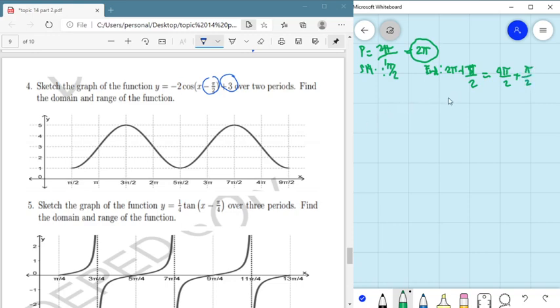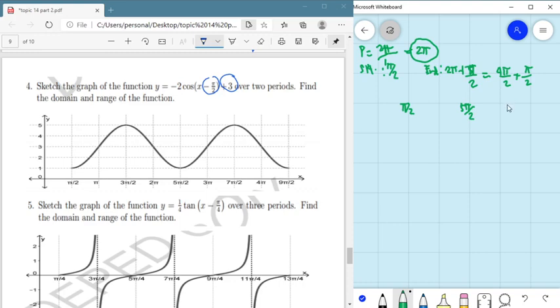So, we end at 5 pi over 2. So, you start at pi over 2 and end at 5 pi over 2. But it says 2 periods, so you go again: 5 pi over 2 plus another 2 pi.